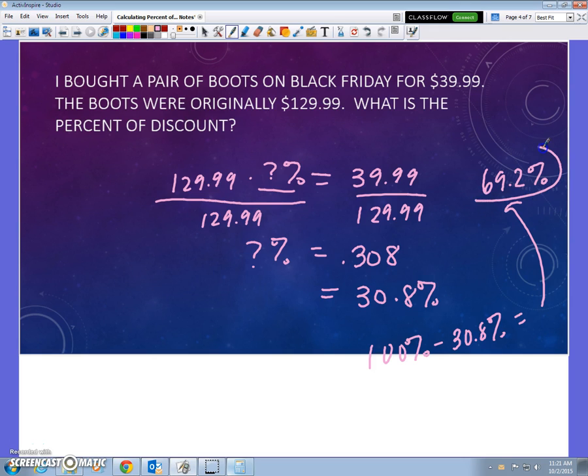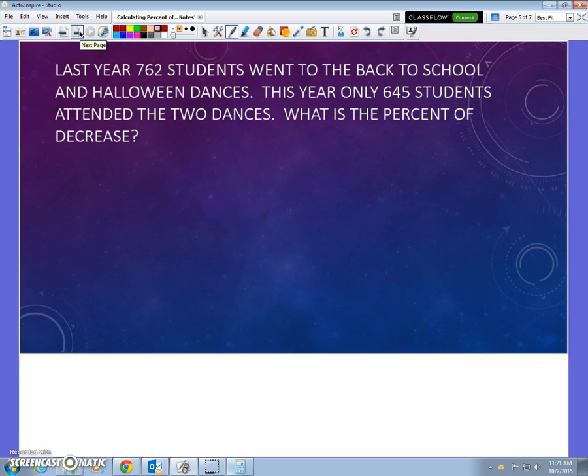That leaves us with a 69.2% discount, which is what the actual discount was. We paid 30.8%, so the amount of discount is 69.2%. So double working backwards today.